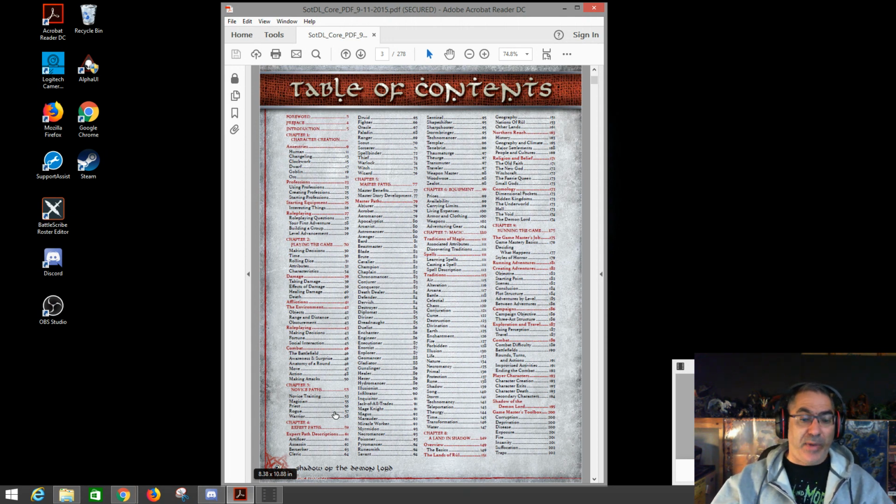So the expert path lasts for levels 3 through 6. So you have basically 4 levels of expert paths, and during that time you get different abilities and different things you can do.